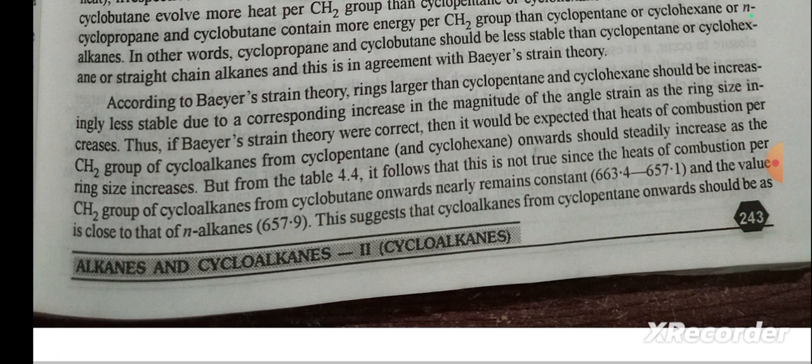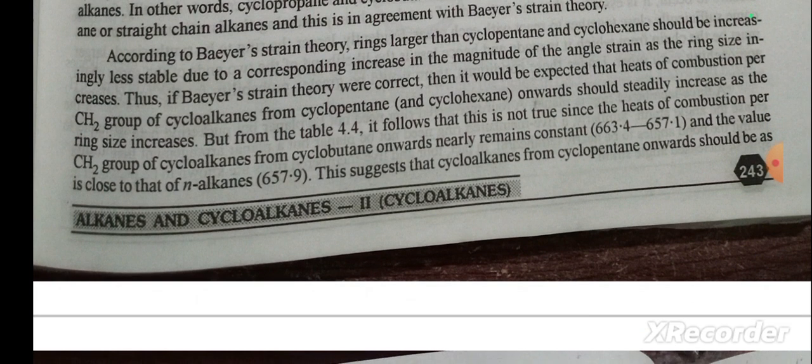If the Baeyer strain theory was correct, then it should be expected that the heat of combustion per CH2 group of the cycloalkanes from cyclopentane onward should visibly increase as the ring size increases. But Table 4.4 shows this is not true, since the heat of combustion per CH2 group from cyclopentane onwards nearly remains constant and the value is close to that of an alkane.